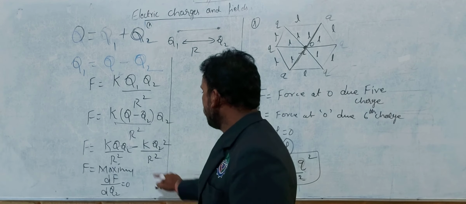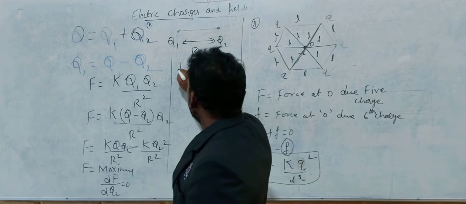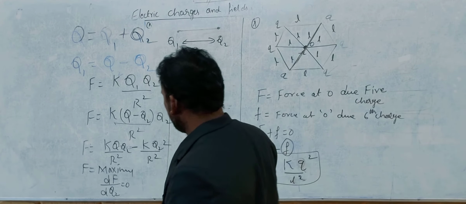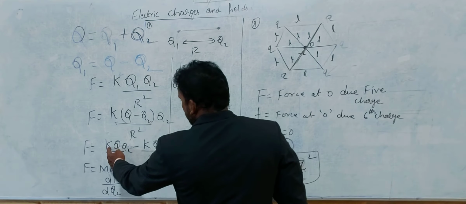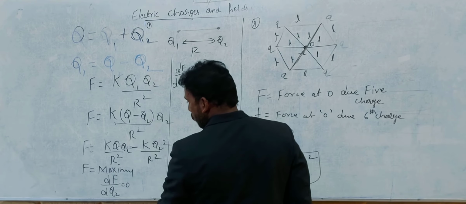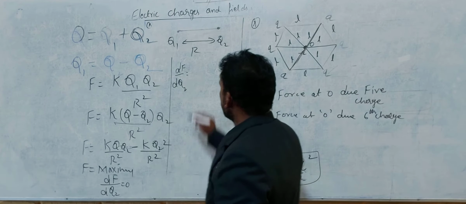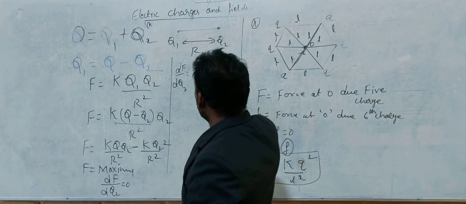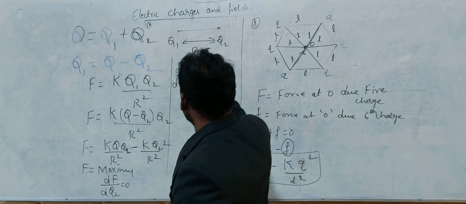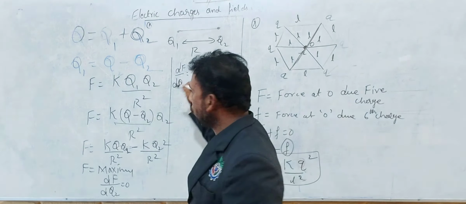Okay, differentiate this equation. K is constant, Q is also constant, the differentiation variable is Q2, and R square is also constant. K into Q into Q2, the differentiation of Q2 is 1.